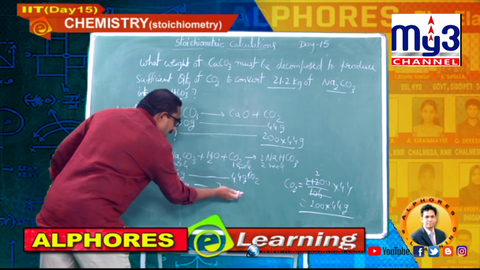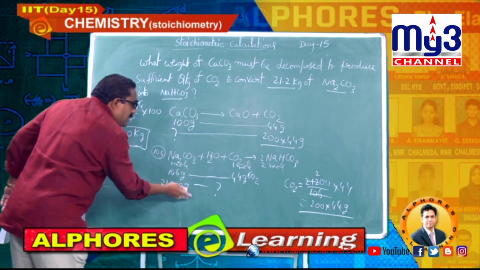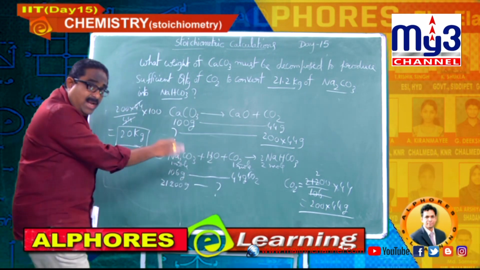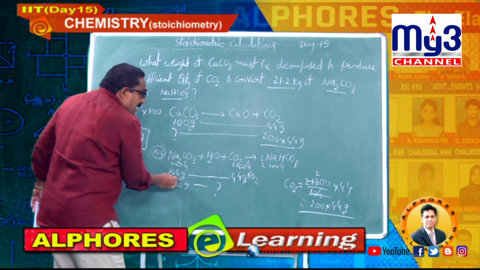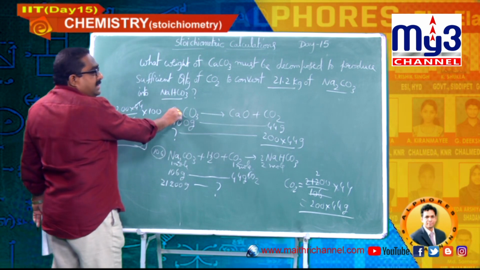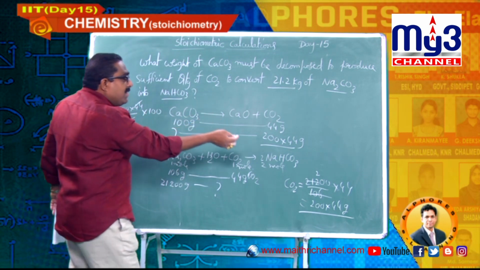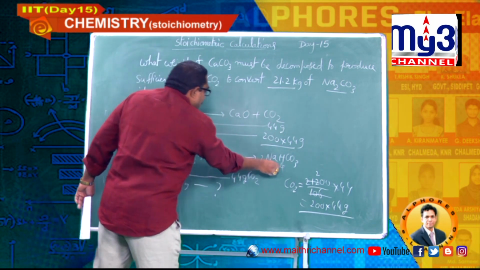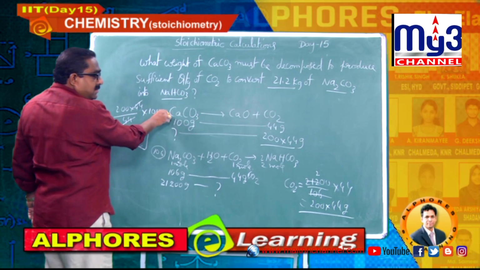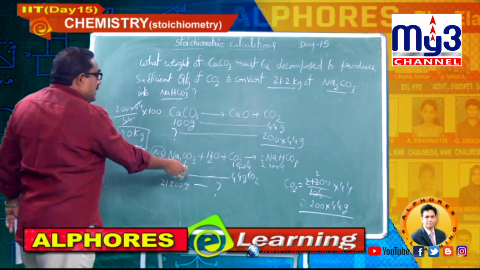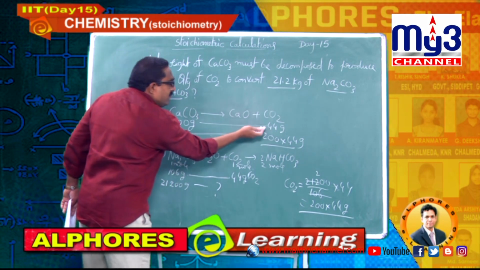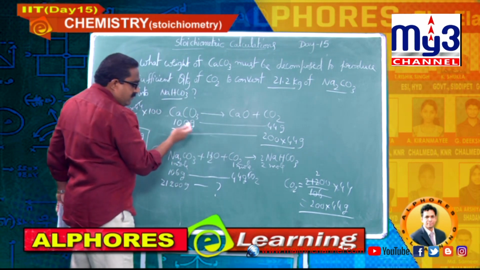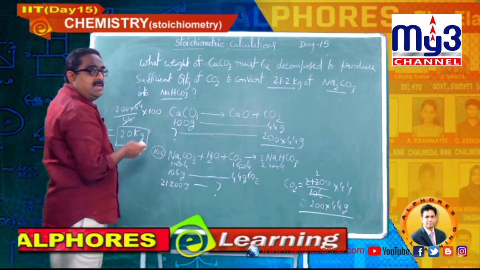Then it can convert 21200 grams of sodium carbonate into bicarbonate. So from this data, I have calculated this data. Or you may be given this data and you can calculate this. Any data based on that. It's a sequential reaction. The carbon dioxide required here should come from the first reaction. So from this data, I have estimated this.